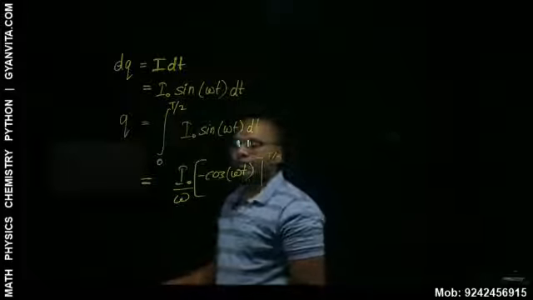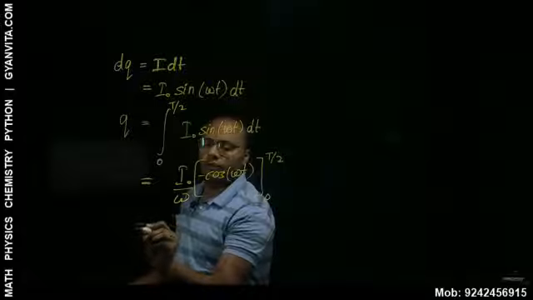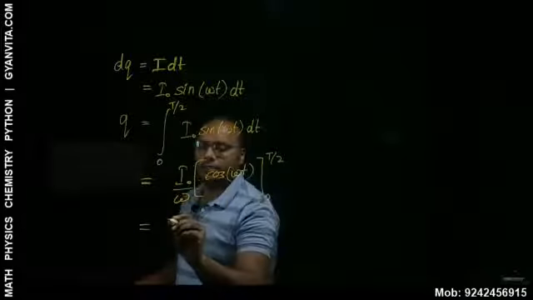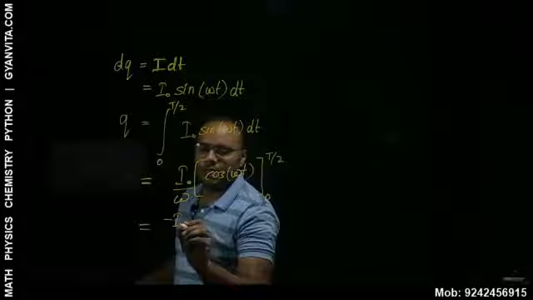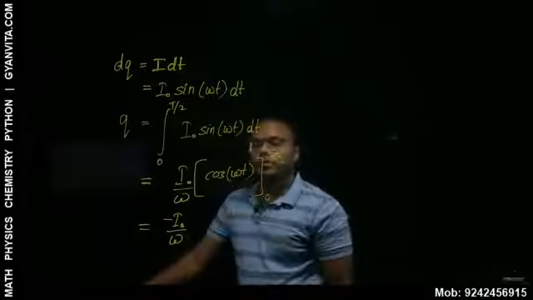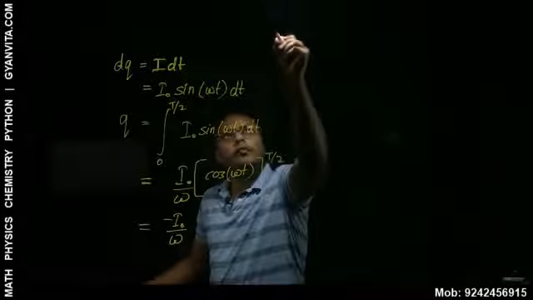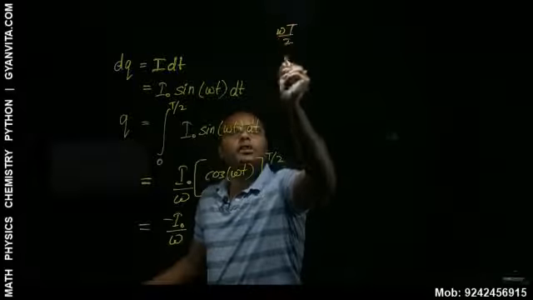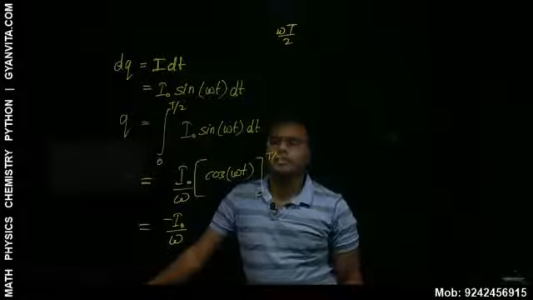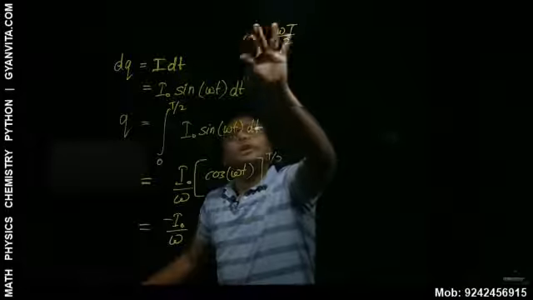And when we substitute these values, you will get, let's take the minus outside itself, minus I naught divided by omega, cos omega T by 2. What will this be? Cos omega T by 2. What exactly is omega T by 2?